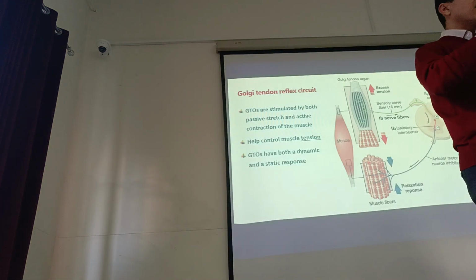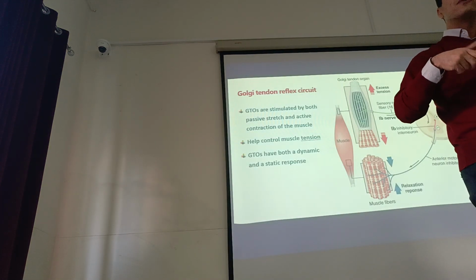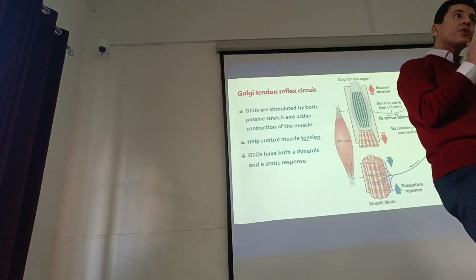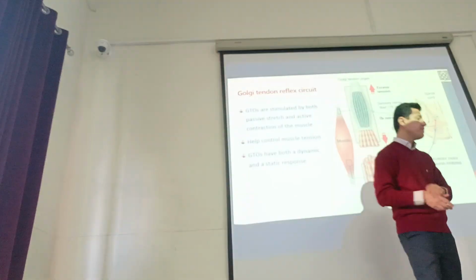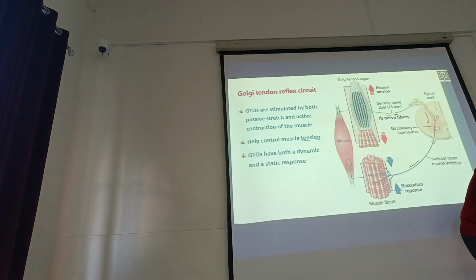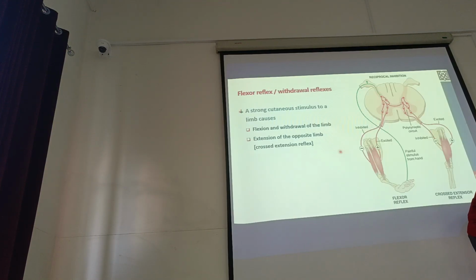And this way, this reflex is a protective mechanism to protect the muscle, right? Okay. So remember that this word is a key word here, right? Tension. Tension means force on a muscle. So when force goes up, Golgi tendon organs are activated, we'll have relaxation of the muscle, right?